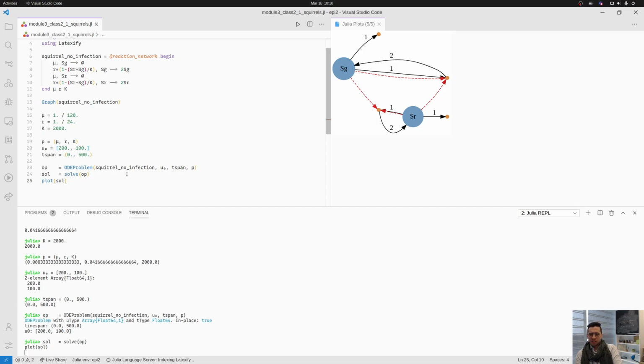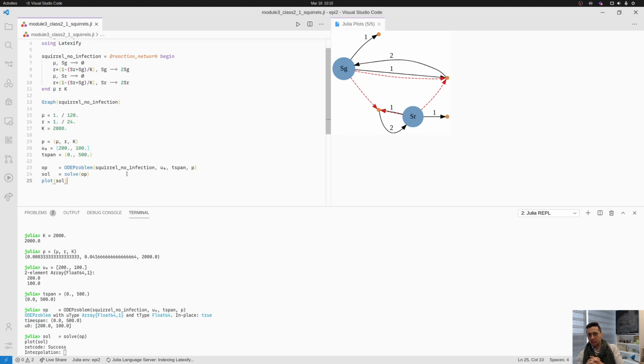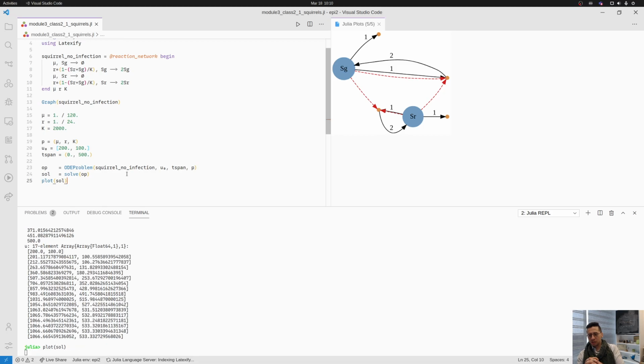So at this time, let's think about the results a little bit. The growth rate is the same. There is no difference between intra and inter-specific competition. And so we would expect what is called neutral coexistence. The populations are going to occupy the carrying capacity at a proportion that is the same as the proportion they had initially.